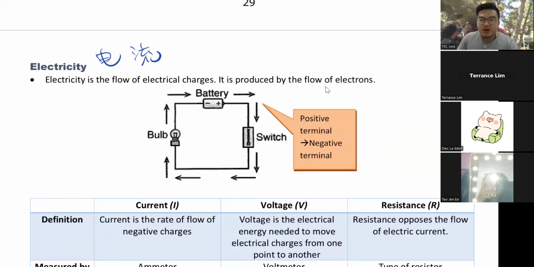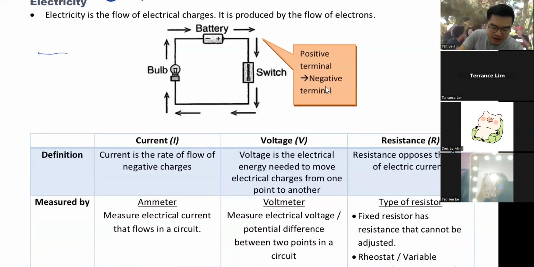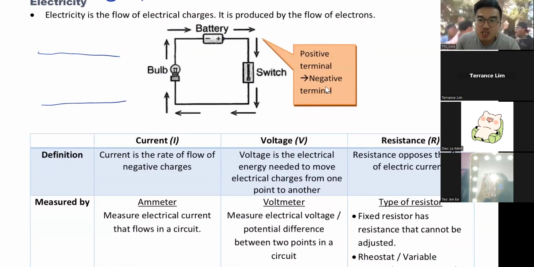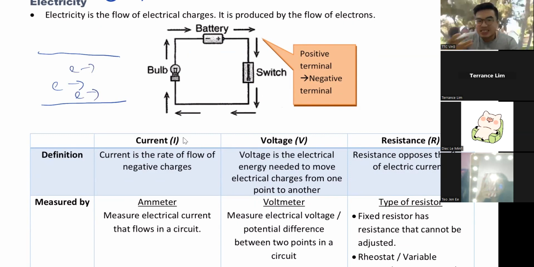I want you to think of it this way, guys. Imagine electricity is like a river. River has water flowing, right? 你的河是水在流. Electricity is electrons flowing, like a river of electrons flowing.